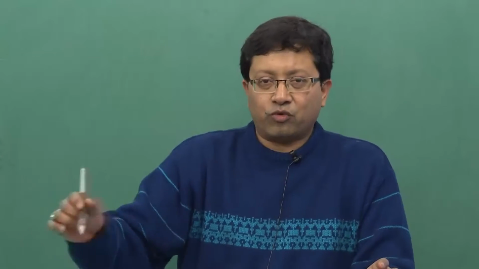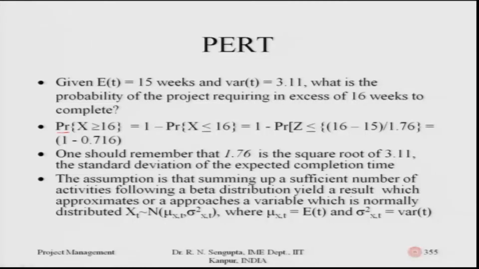So, I want to find out what percentage of the job is to be finished if the time period is greater than 16. This probability would be 1 minus the probability of x being less than 16.